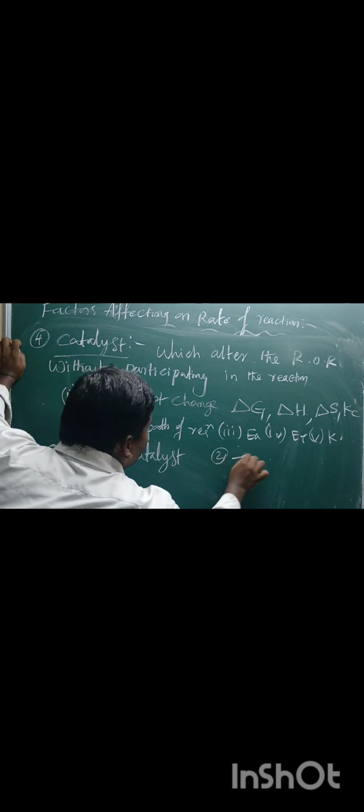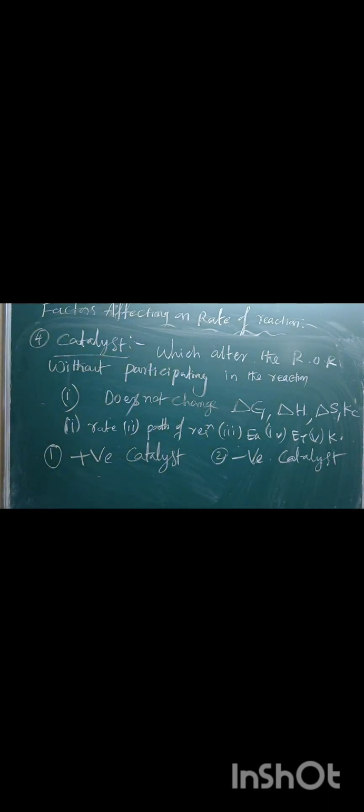Catalysts are classified into two types: positive catalyst and negative catalyst. The function of a positive catalyst is to lower the activation energy. A negative catalyst increases the activation energy.